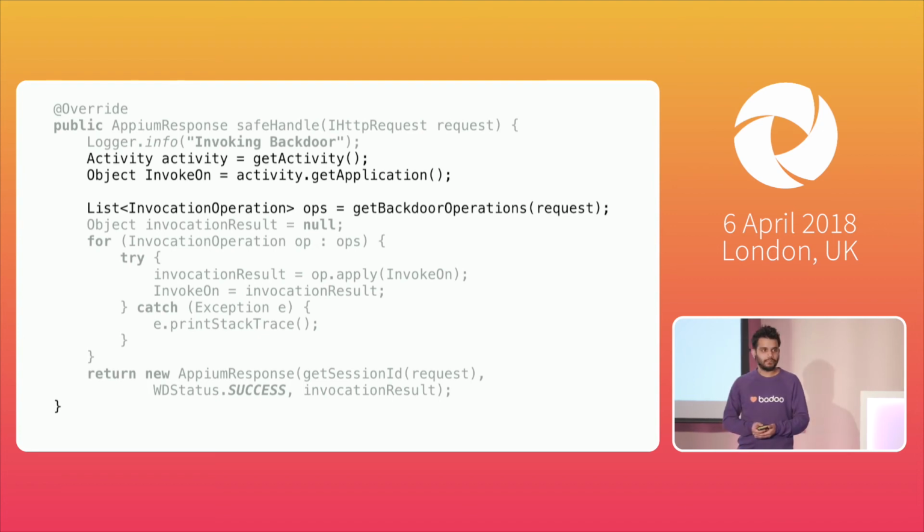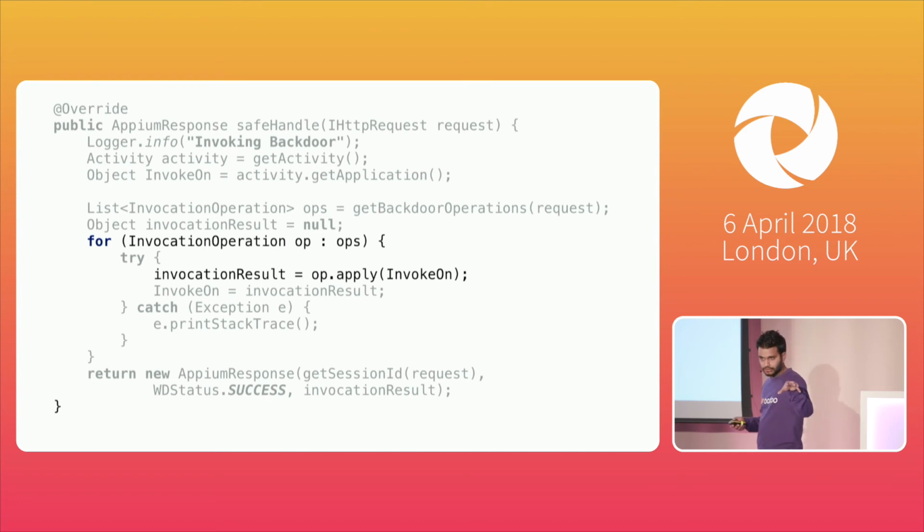And whatever I post from my client to the server on the backdoor endpoint, I parse, and using the reflection APIs, I find what methods are available on this application class. So this getBackdoorOperations is the method which looks up the available methods that we got from the client using reflection. And for each operation, we invoke that backdoor. So as I showed, we can chain the methods. We can get the view, call getTextSize, call something else, and even more.